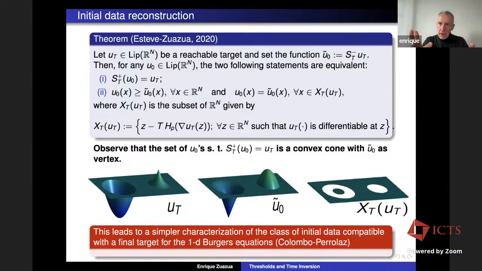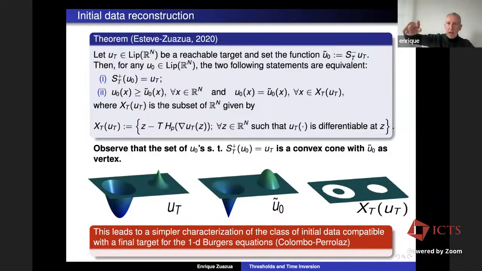So you have then a full characterization of the set of initial data for Hamilton-Jacobi. And this is now when you say, oh, now I understand better. Because in Hamilton-Jacobi, all this can be done by comparison principles, both in 1D and in multi-D.